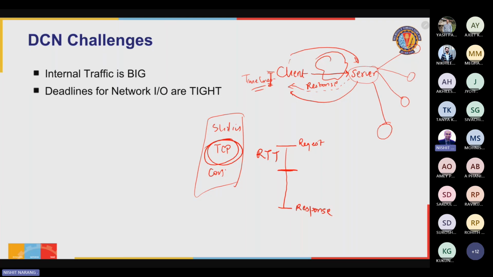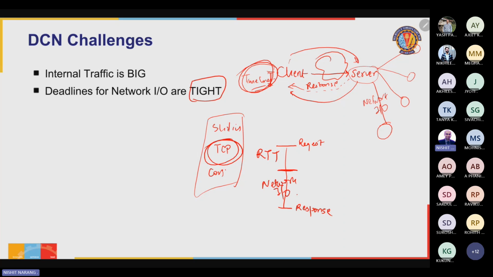I'm trying to improve the computation. But what additional time is it adding? It's adding this network I/O time. So the remaining part of this time is coming from network I/O. And because it's a subset of this overall timeline, you can understand what I mean by this time being tight.